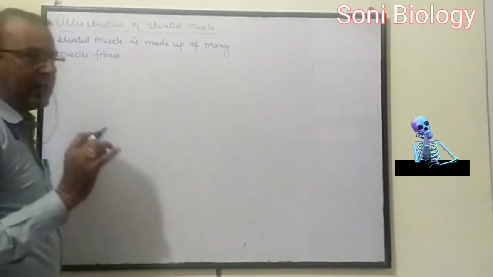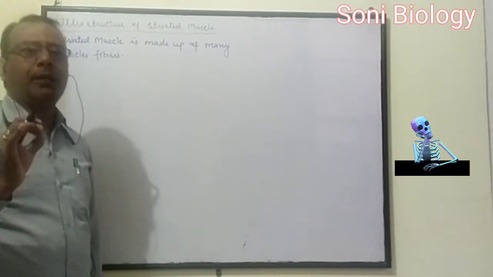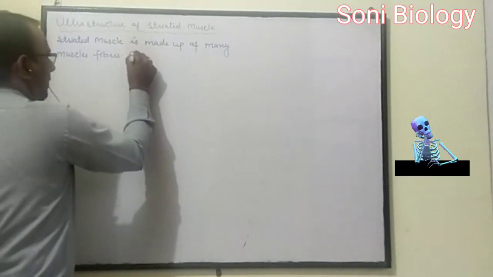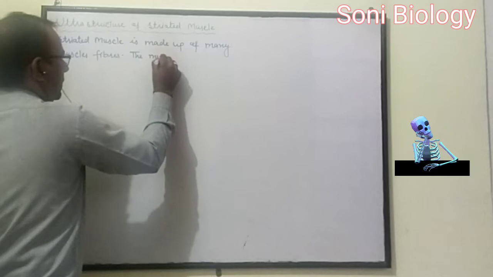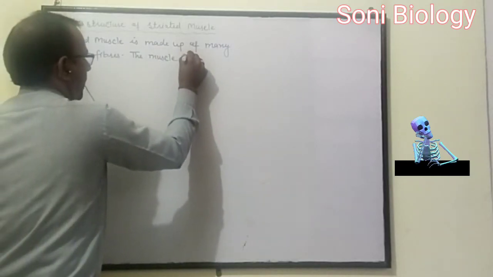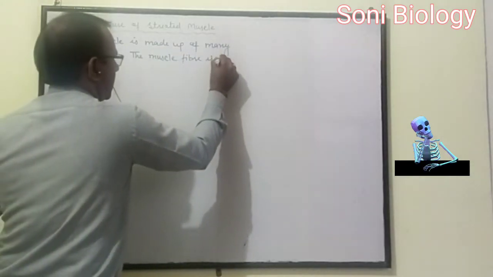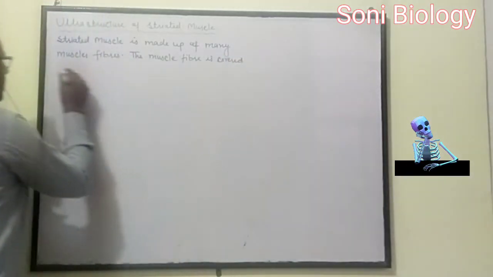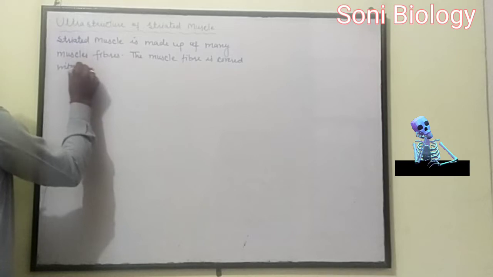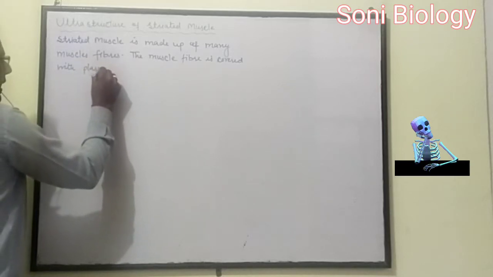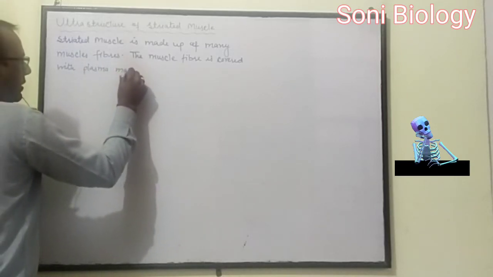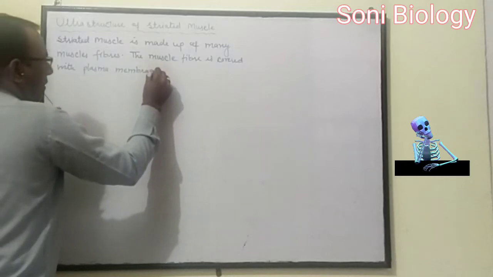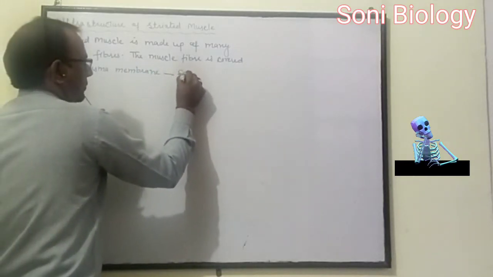Each muscle fiber is covered with a plasma membrane, and that plasma membrane is called sarcolemma.